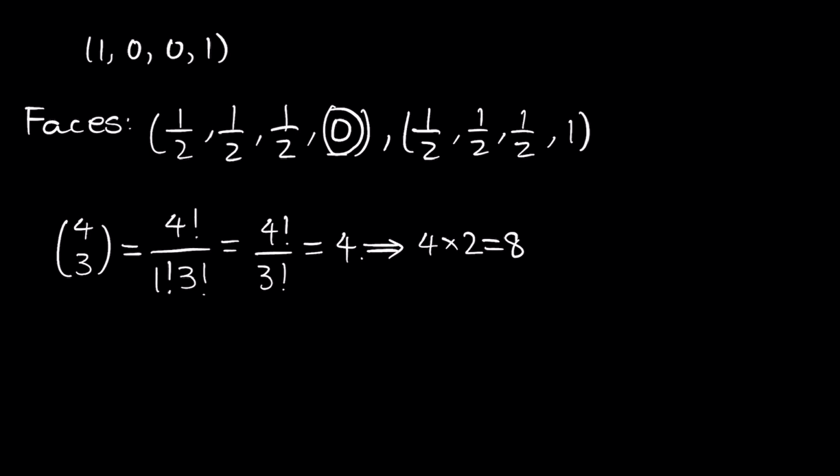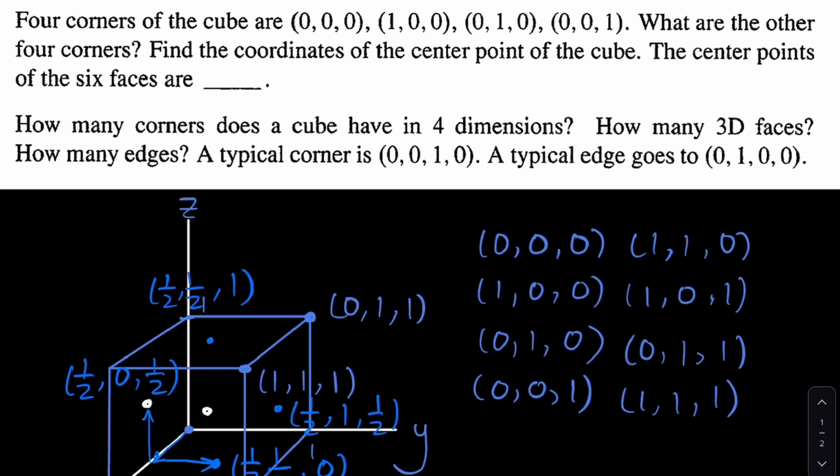So the value 4 is how many ways we can arrange the 1 halves, but we also have to multiply it by 2 to account for the remaining possibility that we are left with. Hence, we have 8 faces over here. To be more precise, I should say 8 3D faces. And now, let's talk about edges. How many edges are there?